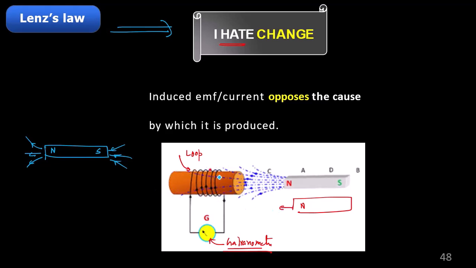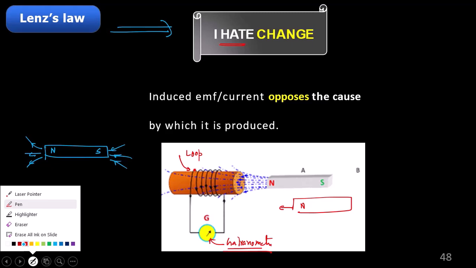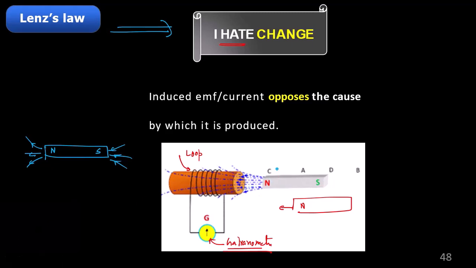So the loop is saying that I hate change. Whenever I move the permanent magnet towards the loop, the black color magnetic field lines coming from the north pole will increase, because I am moving the magnet towards the loop.